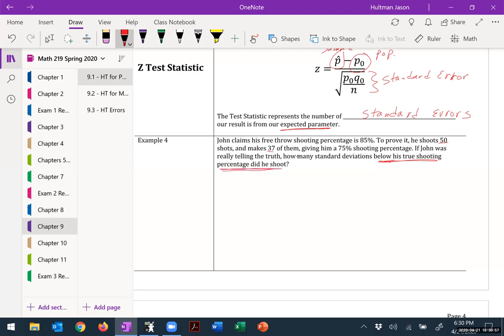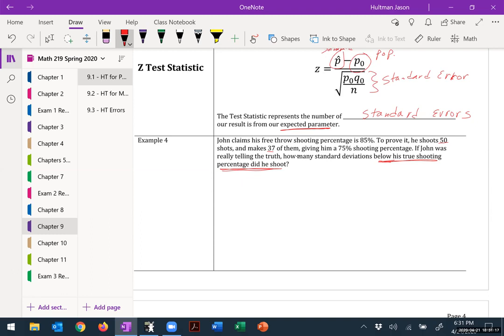I'm actually going to go through the whole thing here, but we're really looking for how many standard errors below the true percentage did he shoot, or what is believed to be his true percentage.